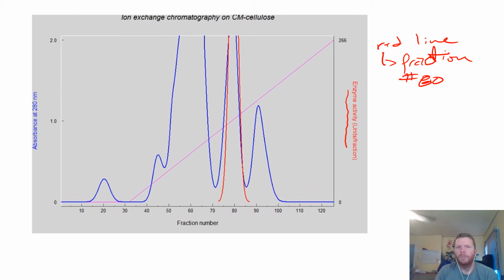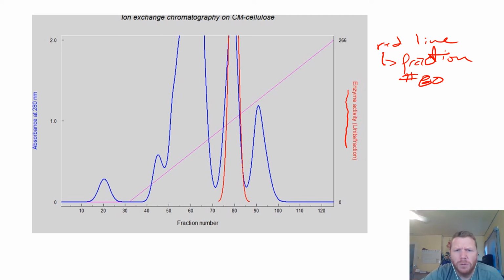No, we don't. Okay, so now what you could say is, well, was this a good technique or a good method to purify our protein? And to answer that question, you would have to look at your chromatogram here.